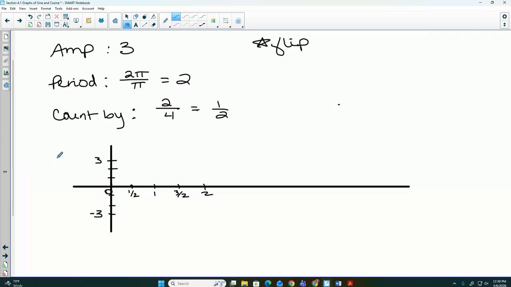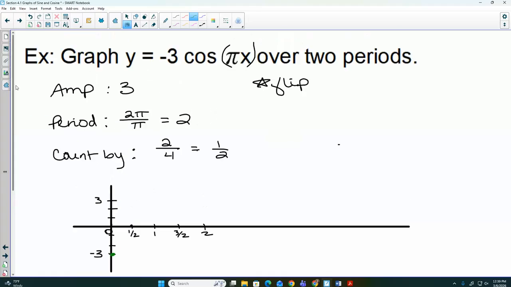Okay, how does cosine usually start? Usually starts at its amplitude because cosine of 0 is 1. But we're flipping it, so instead of starting at 3, it would be negative 3. If you aren't sure, plug in a 0 here. Negative 3 times the cosine of 0 would be negative 3 times 1, which is negative 3.